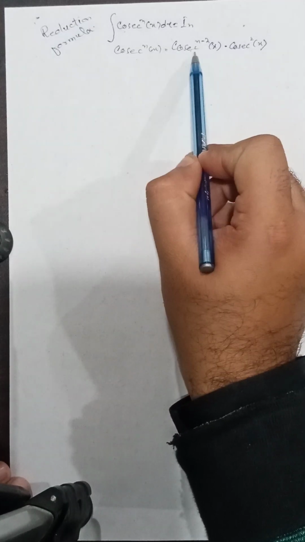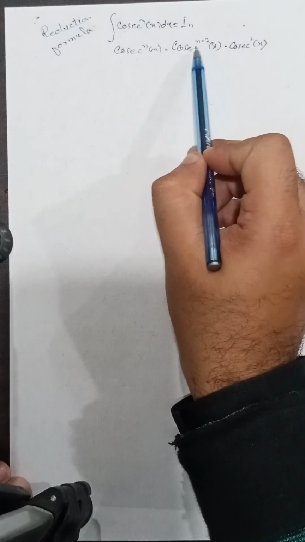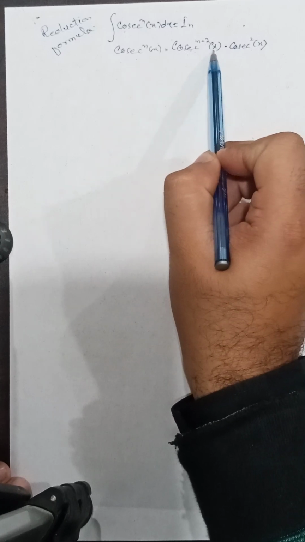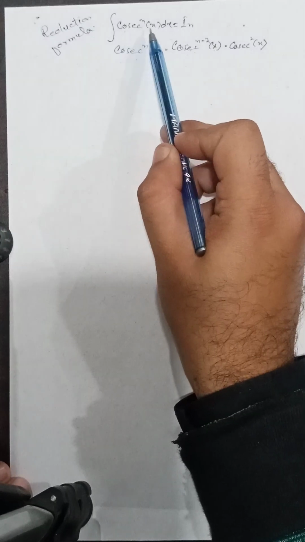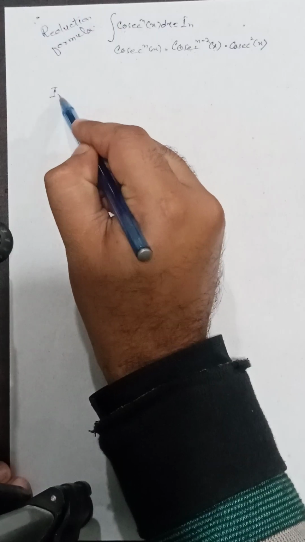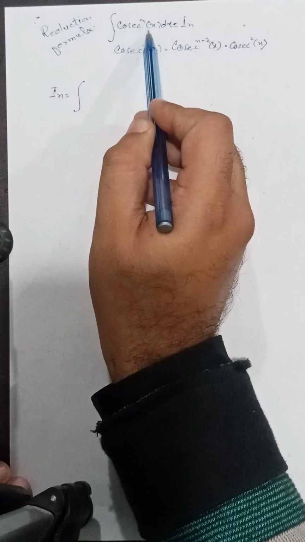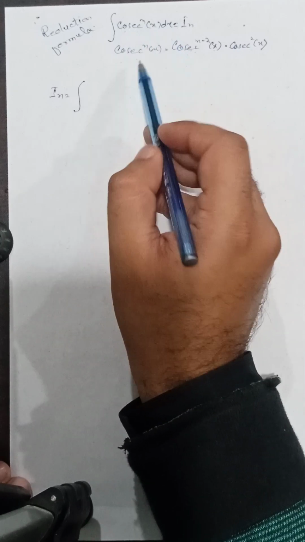So these functions are equal. This side is equal to this side. So we will substitute cosecant power n minus 2 of x and cosecant square of x in the place of cosecant power n of x. So I n is equal to the integral of cosecant power n of x with respect to x dx.